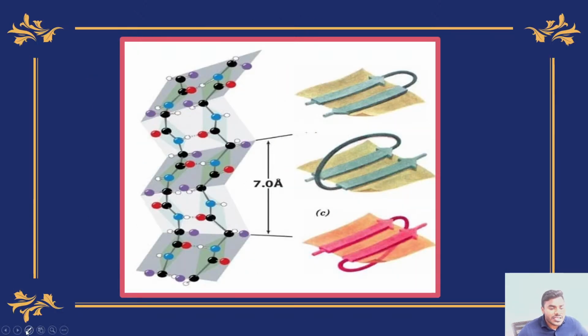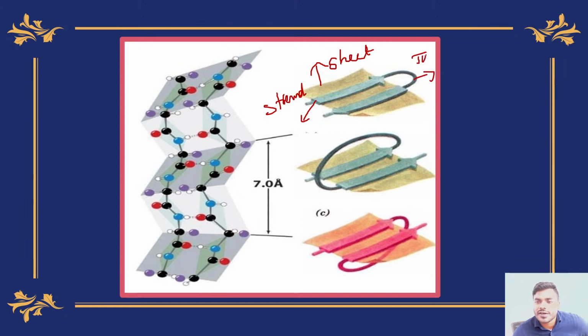Friends, please look into the diagram very carefully. You can see, this is the sheet, this is the strand, this is the turn. You can see the picture very clearly. Now friends, if you look into this diagram, the two strands are moving in opposite directions, so we can say that they are moving anti-parallel.